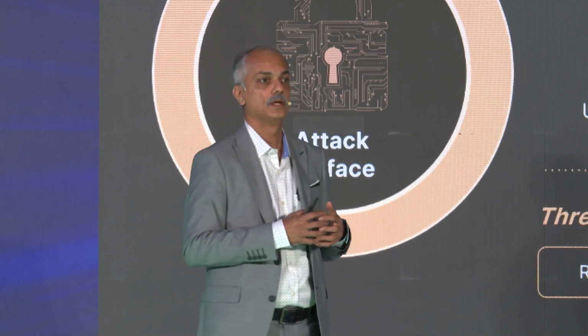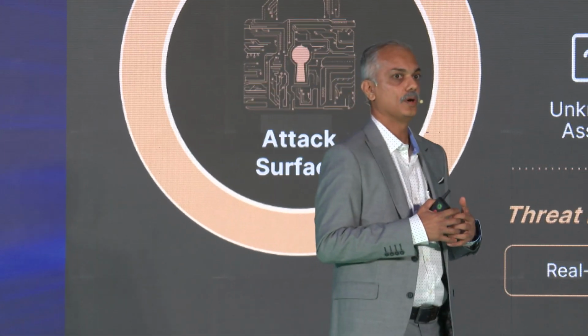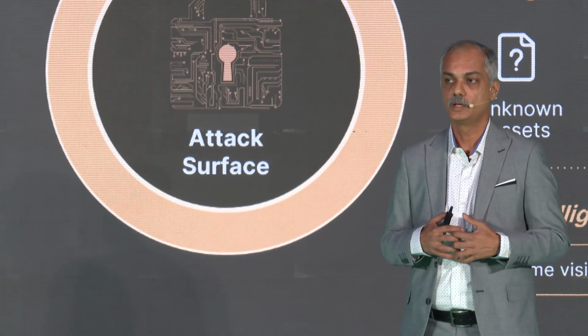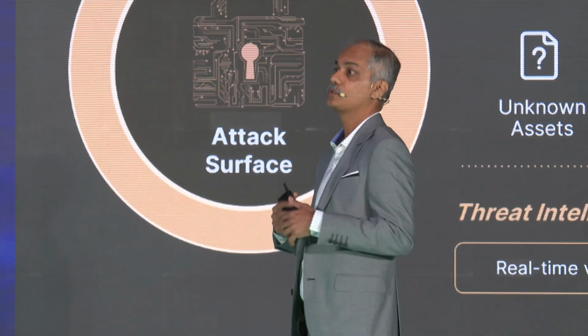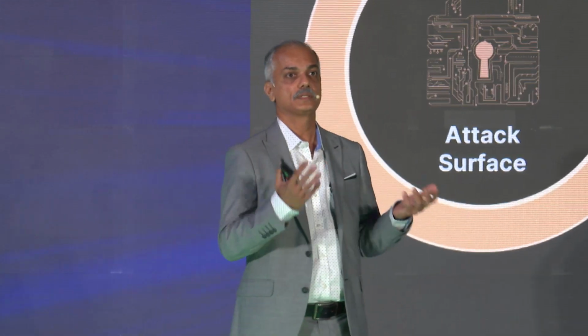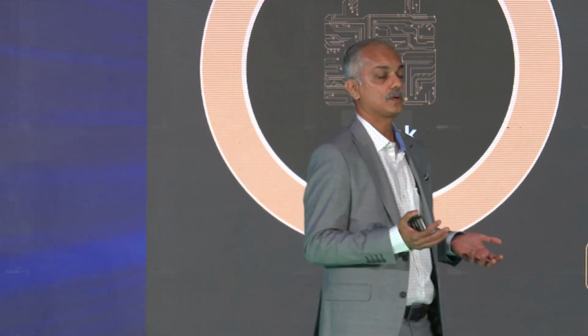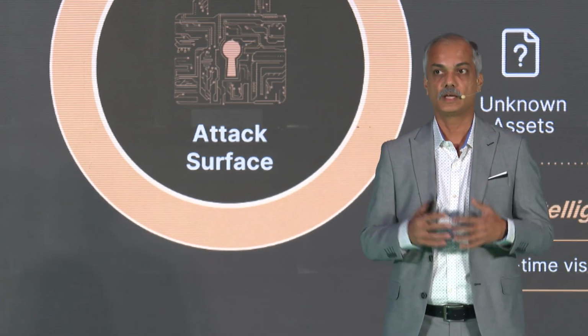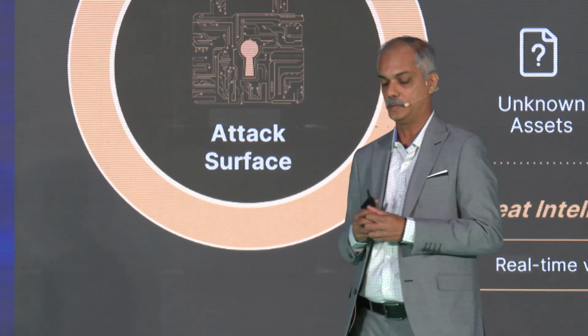And also look at your attack surfaces. Look at your vulnerable applications from the outside, your applications that have been misconfigured. There are admin panels open out there. There are VPN accesses out there. So these are all the things that external threat intelligence helps you with.